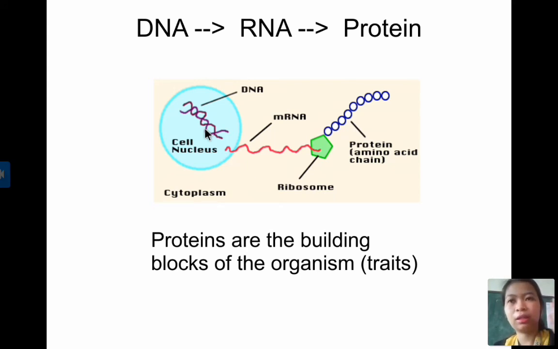Yung DNA na naging RNA strand. And then, ayun, si ribosomal RNA will synthesize those amino acids and then it will form into proteins. And which proteins are the building blocks of organism which carries the traits and will be physically expressed.